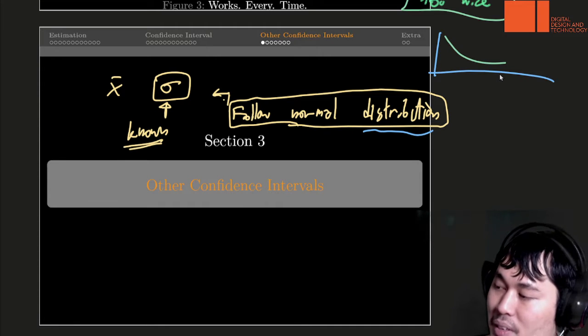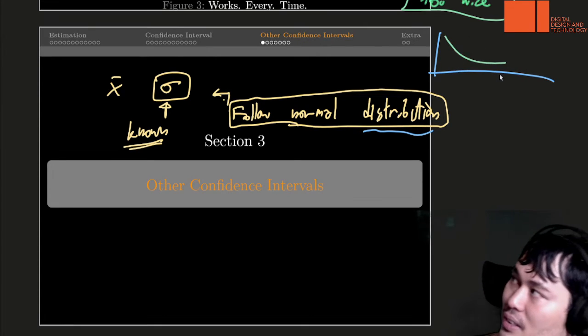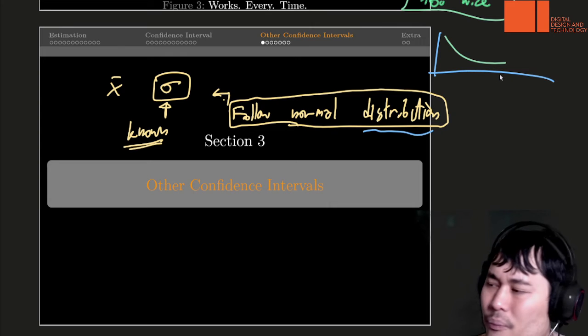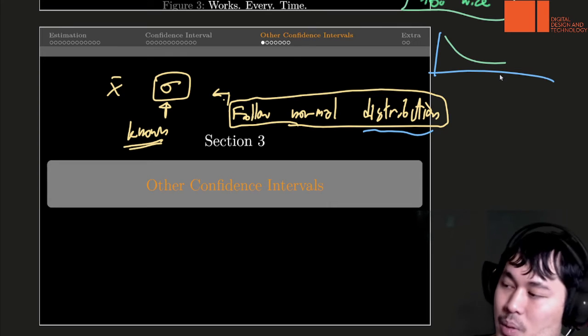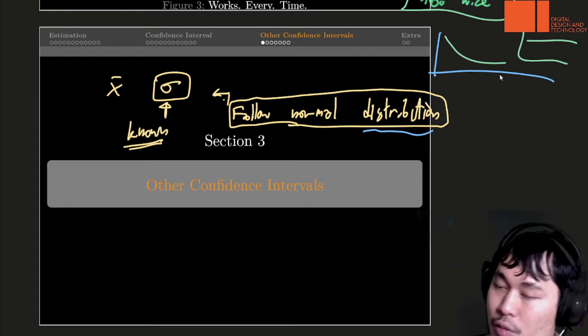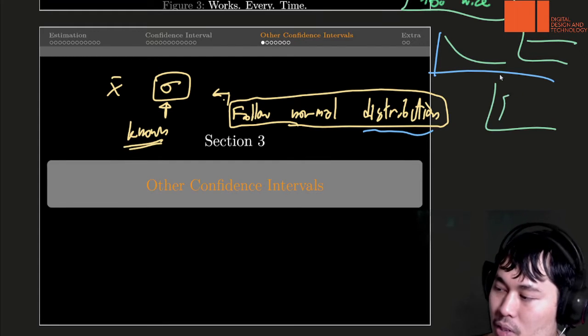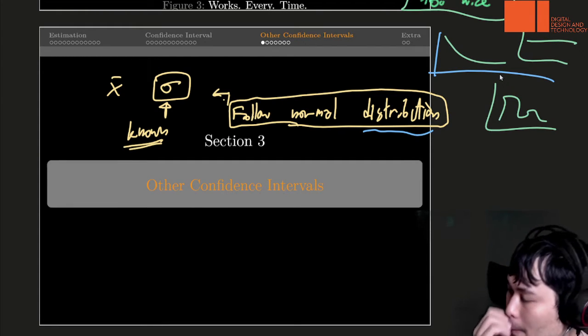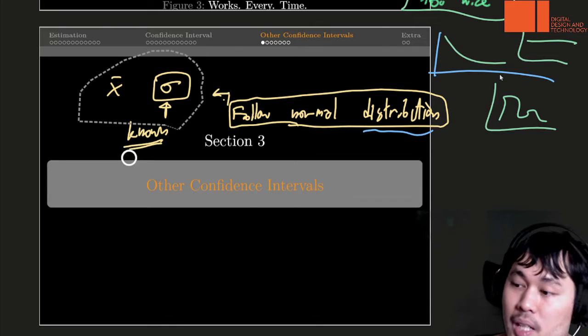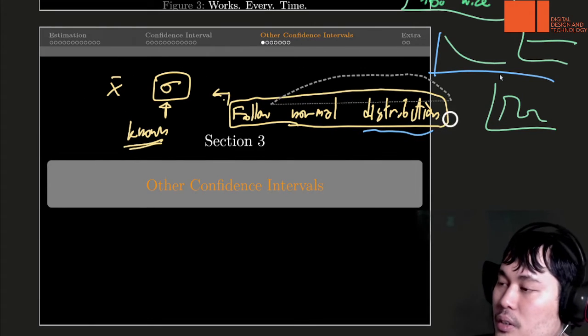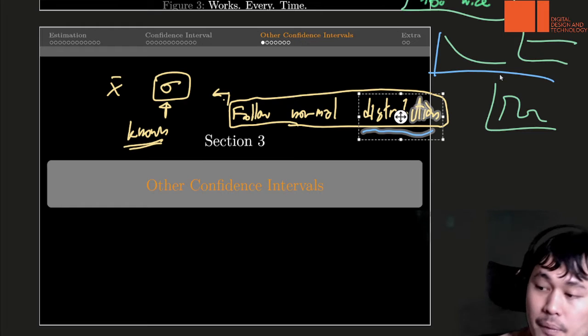You can make a curve that looks like that, which actually has a name, the geometric distribution or Poisson distribution. You can have a uniform distribution. You can have any sort of distribution. But for this to work, we have to assume that it is normal.